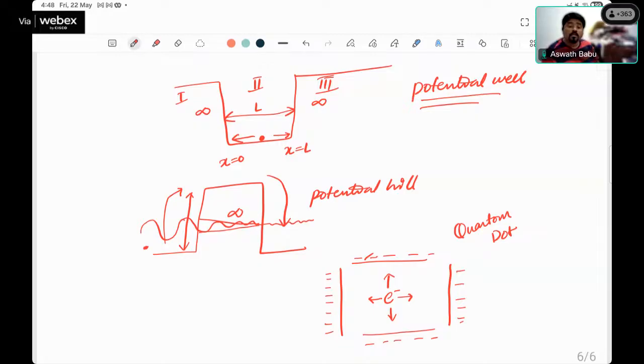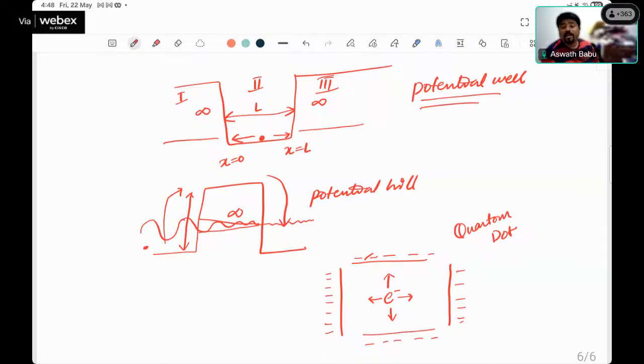But quantum mechanically, you solve this problem using the Schrodinger equation, that is the equation of motion, and you will find there is a possible presence of the electron in region 3 and region 1. A non-zero probability is there. So this tells me about the tunneling process of the electron into regions where it is not supposed to go classically. Quantum mechanically it is true.